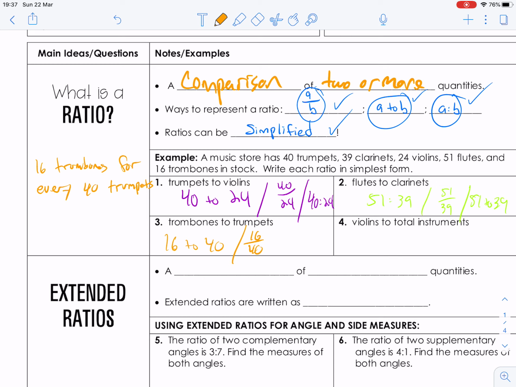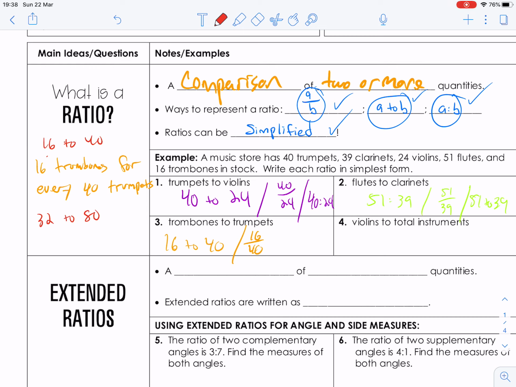So if I get another 16 trombones, I'll get another 40 trumpets. So that would be 32 to 80. First we had 16 to 40. Then we had 32 to 80.